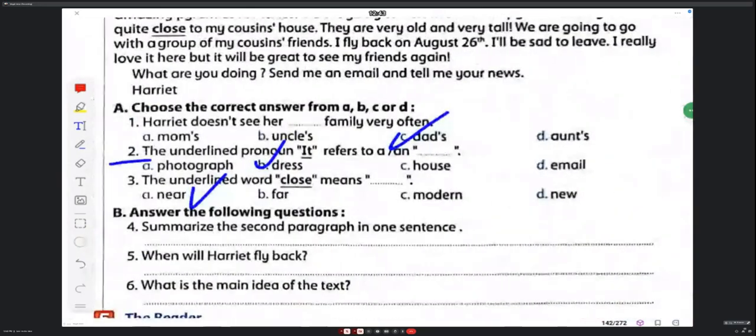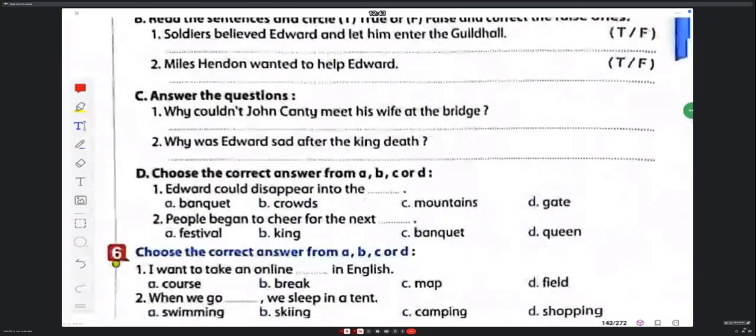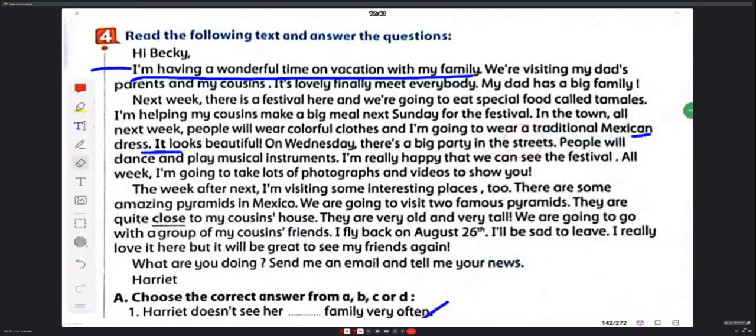Summarize the second paragraph in one sentence. Next week there is a festival, and we're going to eat special food called tamales. No. All the people.